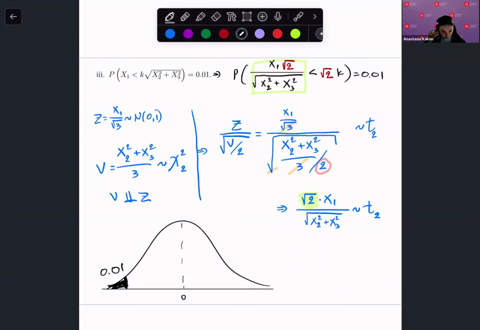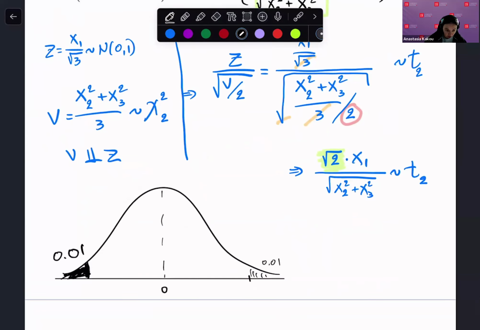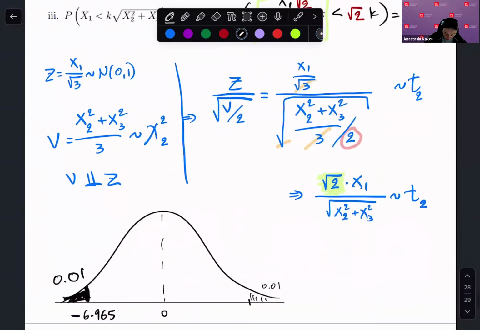So the symmetric value will be here, and then flip it. So the value that gives you a cumulative of 1% is negative 6.965.